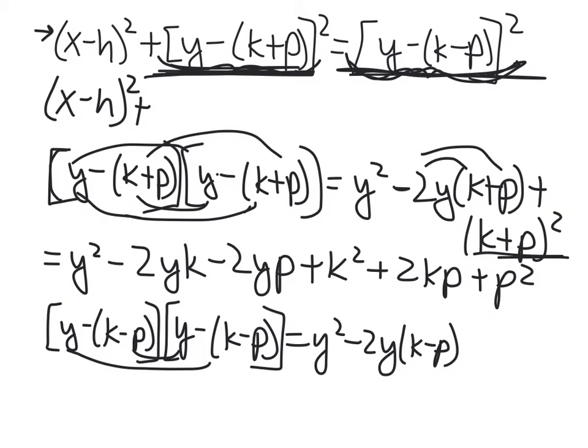Then negative k minus p times another negative k minus p, so we have positive, and then k minus p quantity squared.